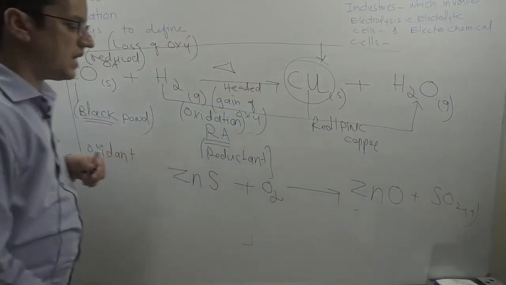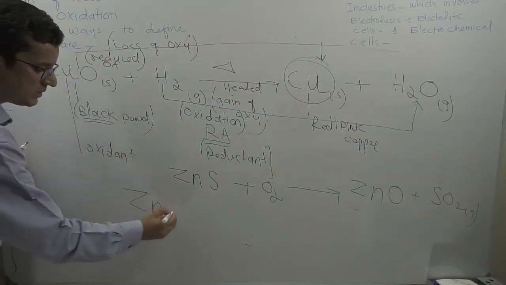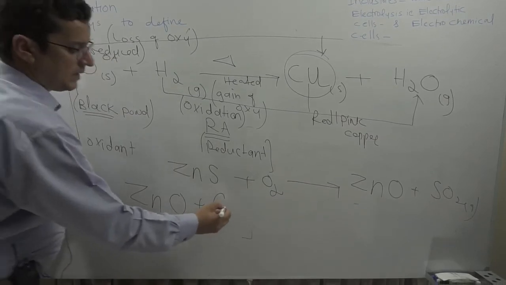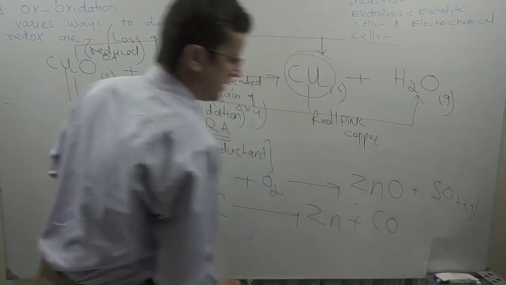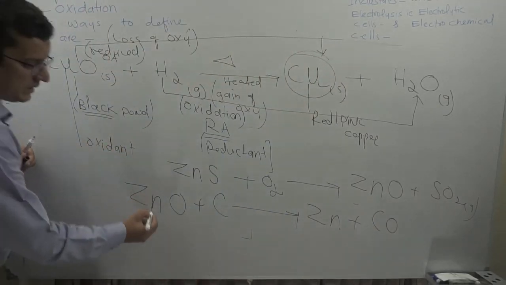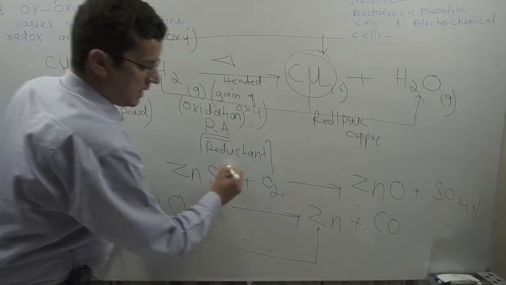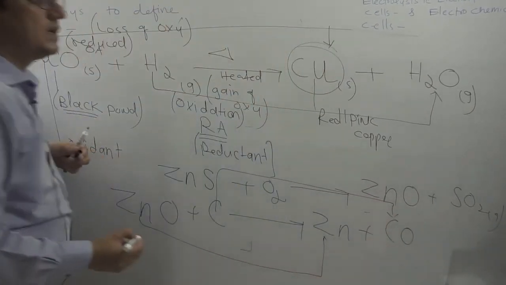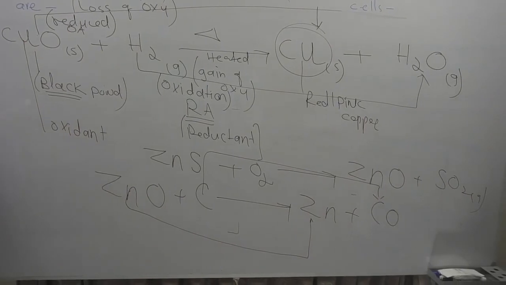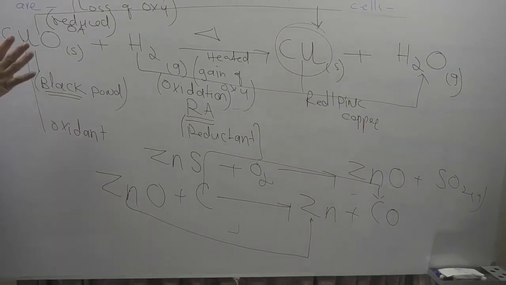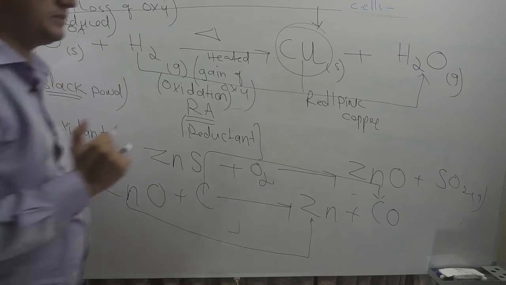Once you have the oxide ore, you can again carry out redox. Heat it with carbon, and it turns to pure zinc, and carbon turns to carbon monoxide. Again, the same thing: loss of oxygen and gain of oxygen. So that is redox in terms of oxygen, the most primitive idea, and this is the first case of redox that we close here.